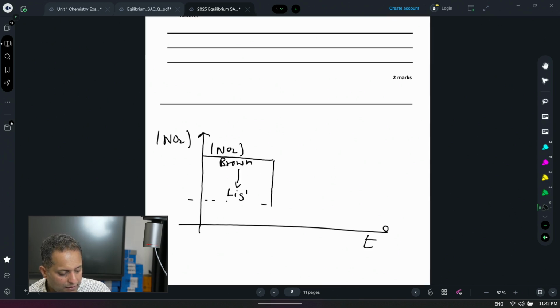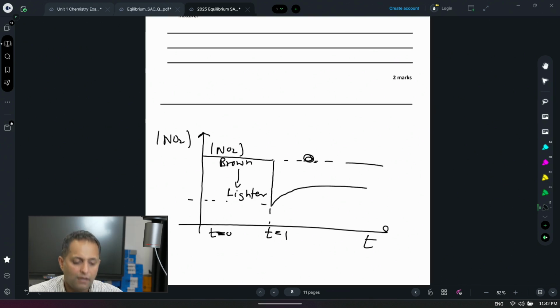This is lighter. This is T0. This is T1. At T1, the system will favor the forward reaction, so NO2 concentration will increase. But as you can see, it is still lower than the original color. That's what I was trying to say.